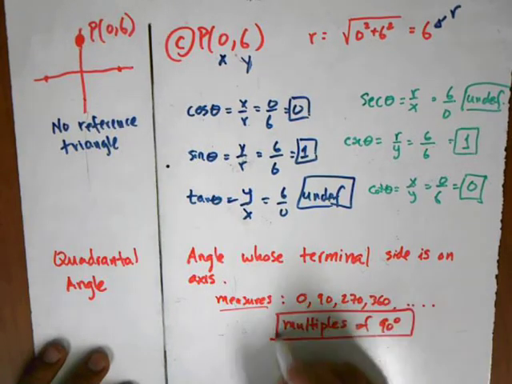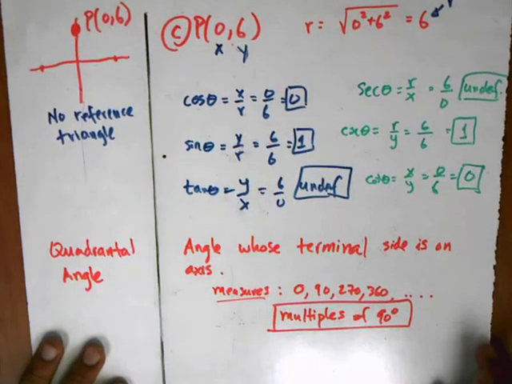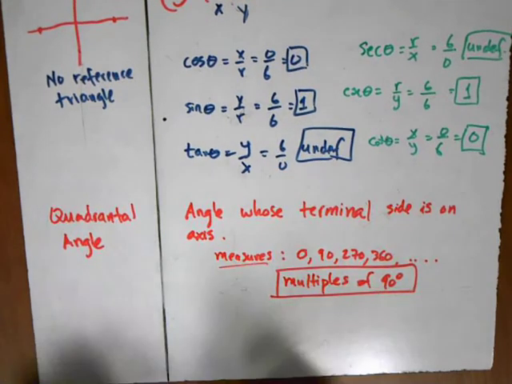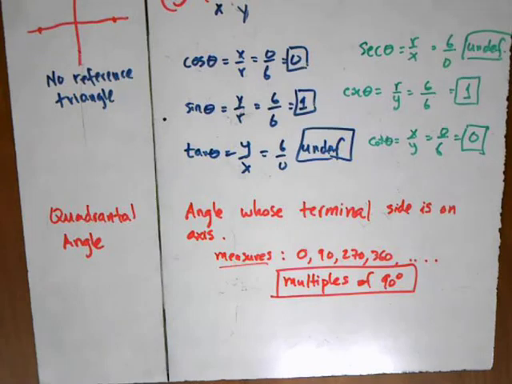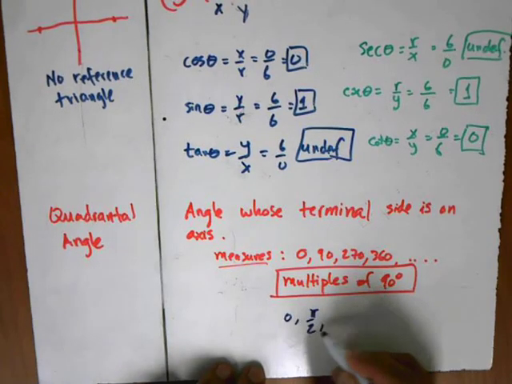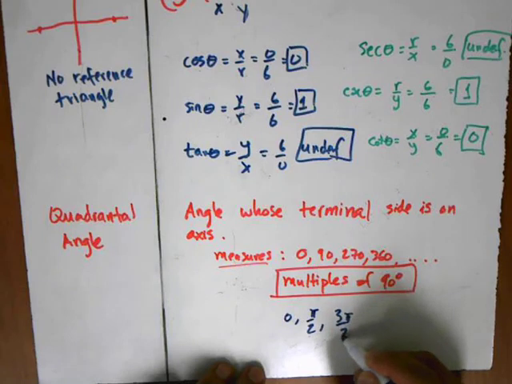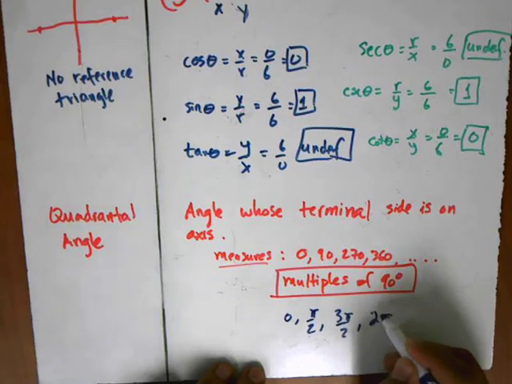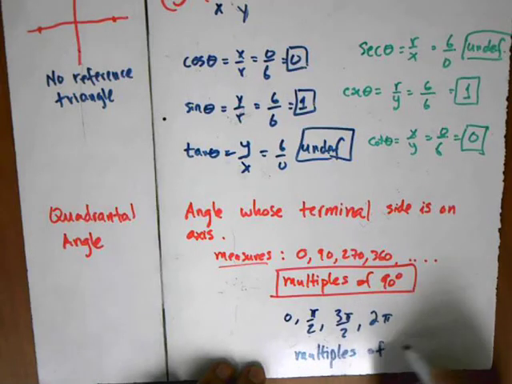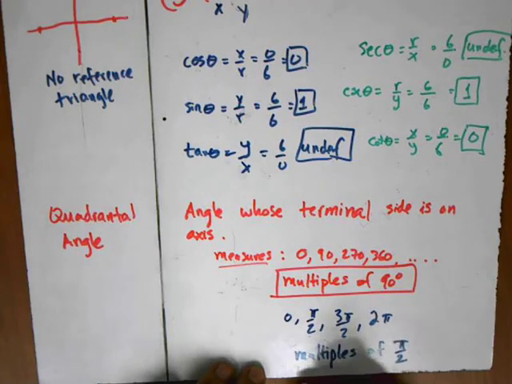Okay, so a quadrantal angle has these weird, unique qualities, and the measure is always a multiple of 90 degrees. Or if you are measuring in radians, it's 0 radians, pi over 2, 3 pi over 2, 2 pi. And that's just another way of saying multiples of pi over 2.